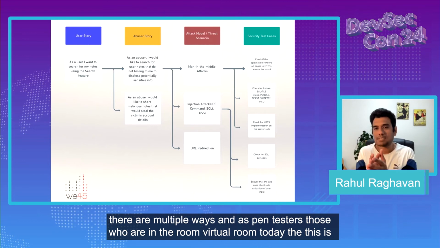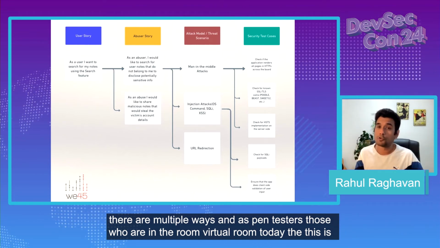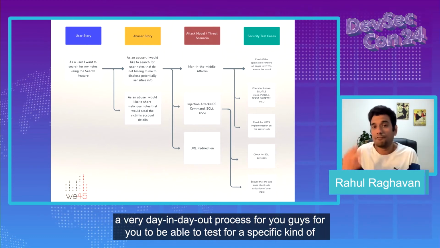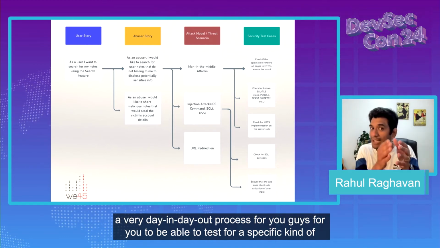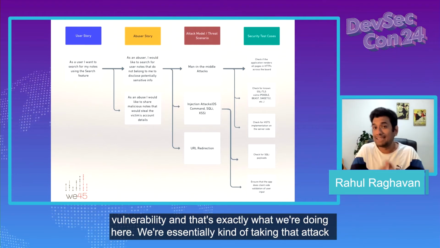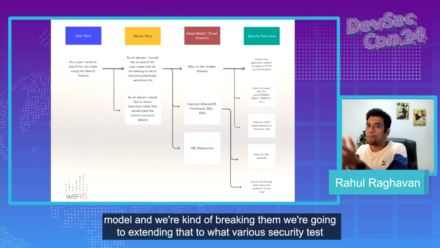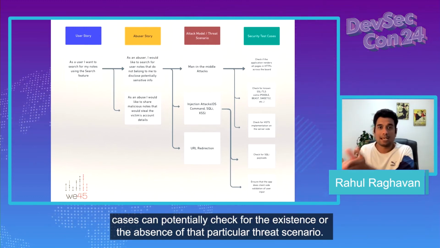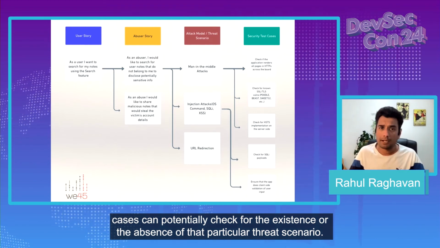So there are multiple ways, and as pen testers, those who are in the virtual room today, this is a very day in, day out process for you, to be able to test for a specific kind of vulnerability. And that's exactly what we're doing here. We're taking that attack model and extending it to what various security test cases can potentially check for the existence or the absence of that particular threat scenario.